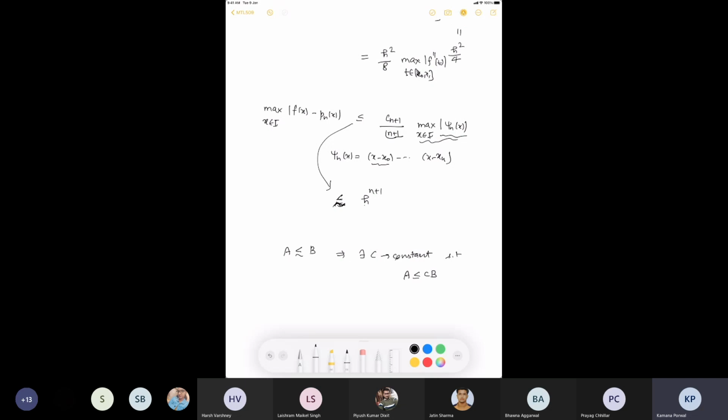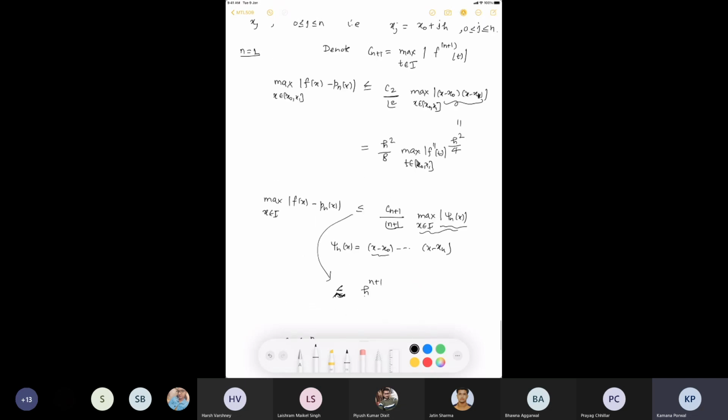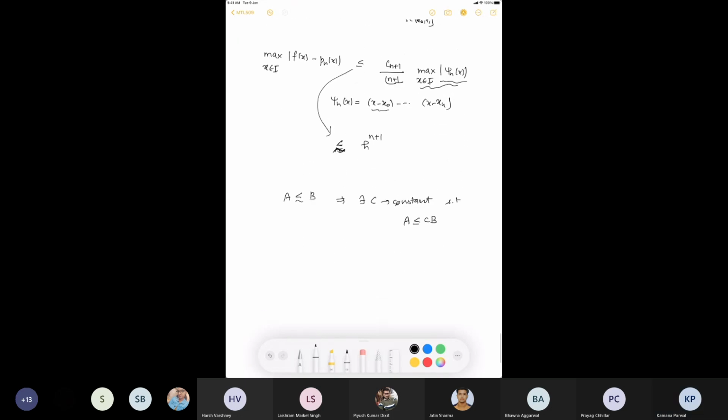For example, here you can observe that it was 1 by 4, divided by factorial n plus 1, and then I have C_{n+1}, which is the maximum of the (n plus 1)th derivative of f at t, where t belongs to I.